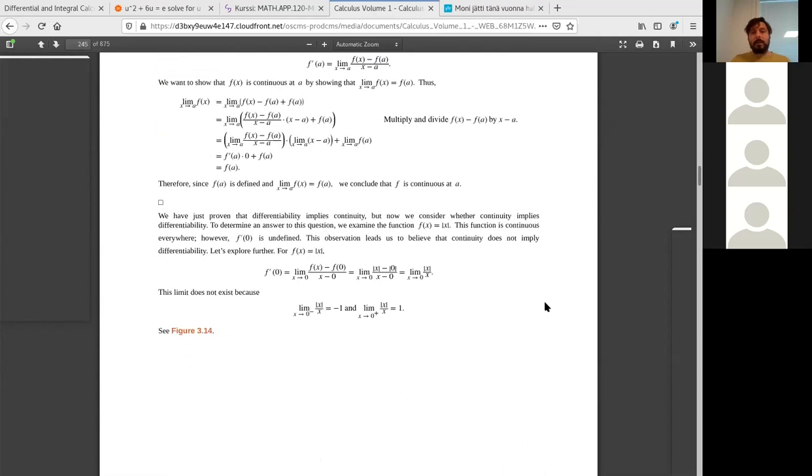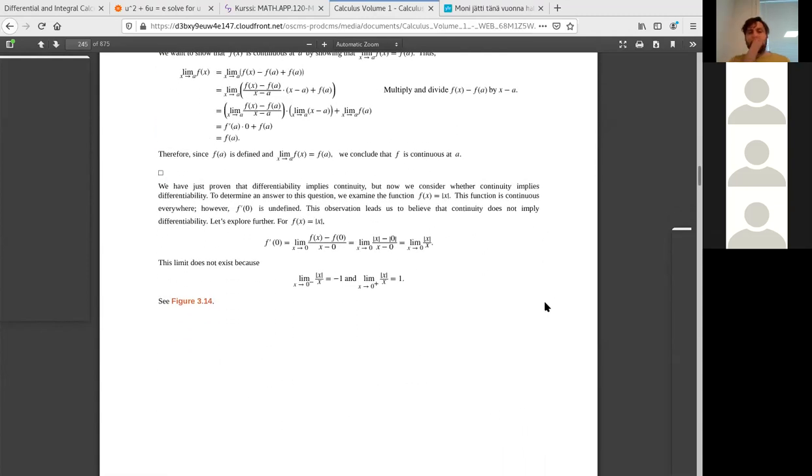But there are situations where a continuous function is not differentiable. In fact, there are several continuous functions that are not differentiable.